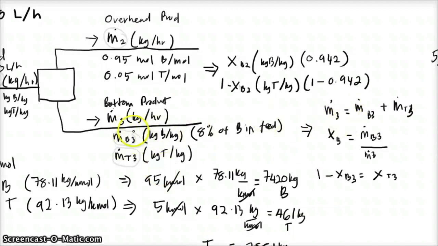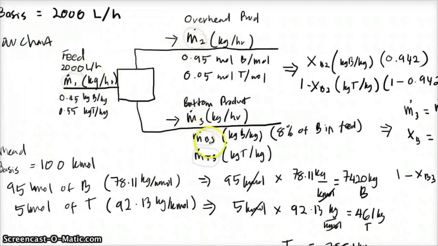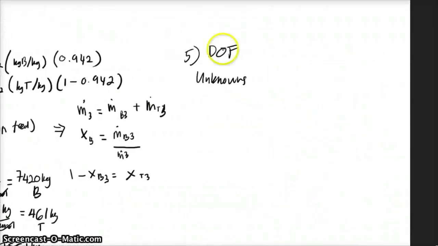So it depends on MB3 and MT3. So we have 1, 2, 3, and 4, and we just solved this just beforehand. So for unknown, correct this first. For unknown, we have 4, which is M1, M2, MB3, and MT3.